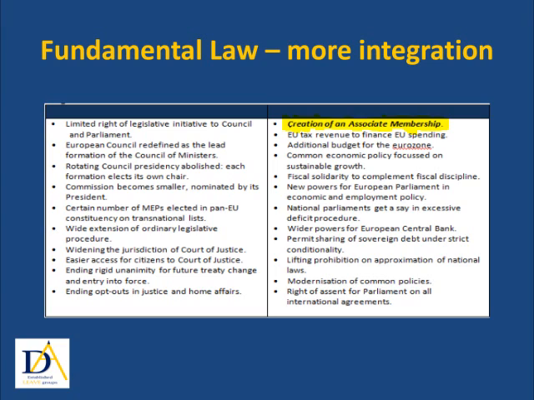Essentially, it's a second tier or a second class of EU membership. So the fundamental law proposes an inner ring of members, highly integrated, and then an outer ring, the details of which I'll come on to in a moment, but an outer ring which is potentially less integrated, but it would depend on the actual terms that each member state negotiated.